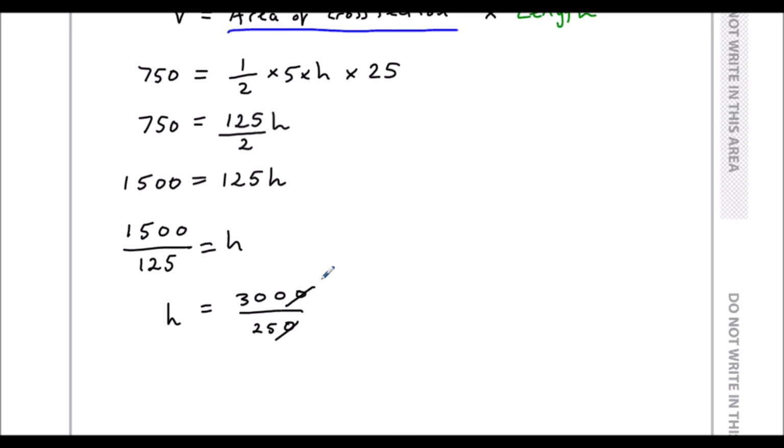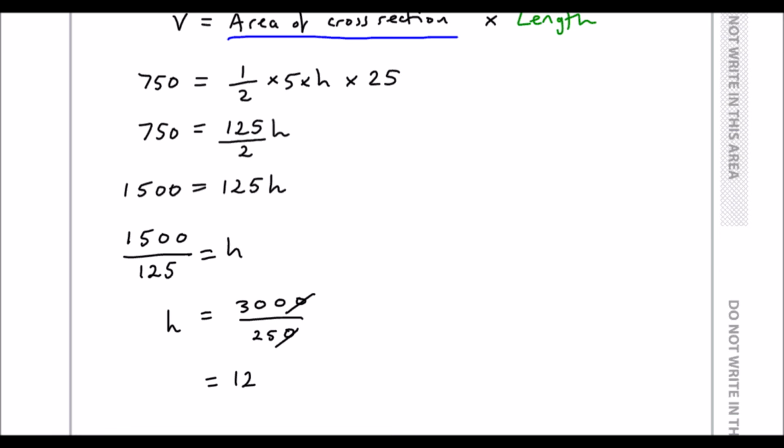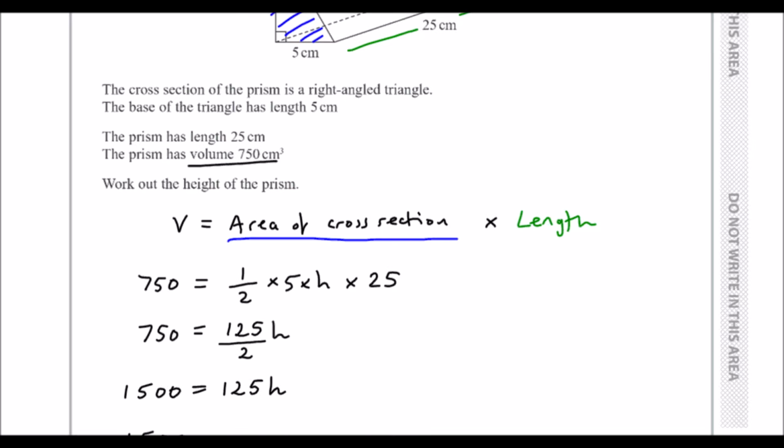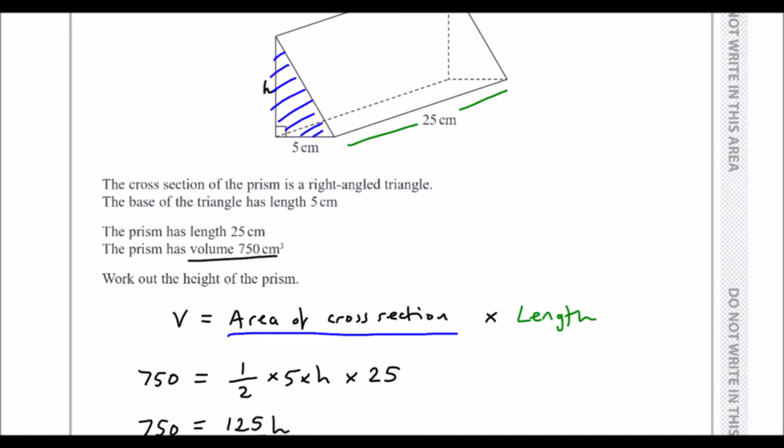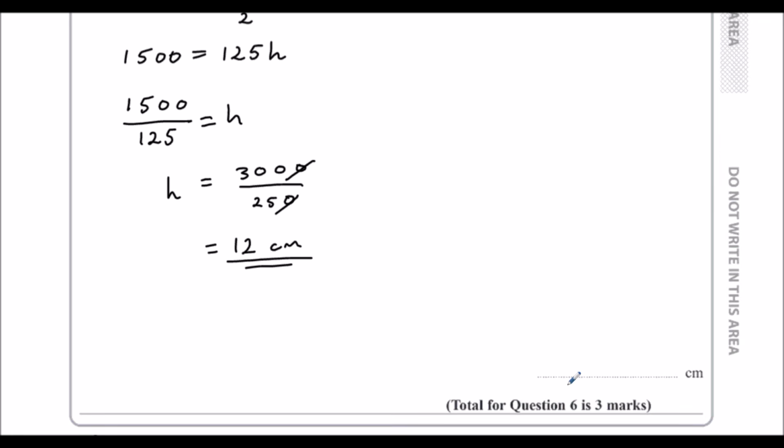And then how many 25s go into 300? There are 4 25s in 100. So 4, 4 and 4 again. That gives me 12. So it's 12, and it's centimeters. So the height of the triangle is 12 centimeters.